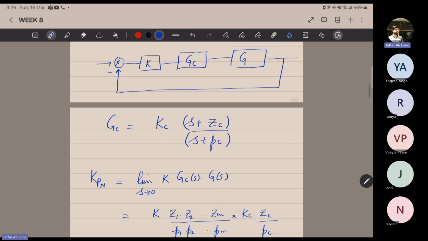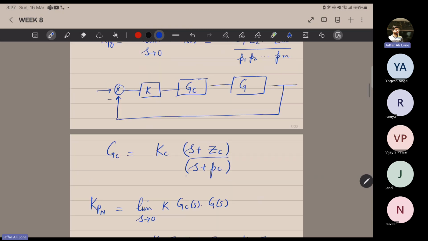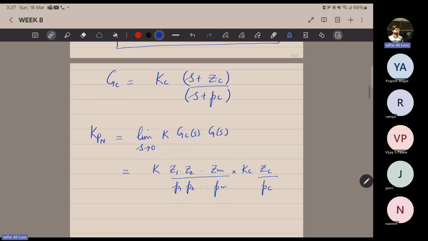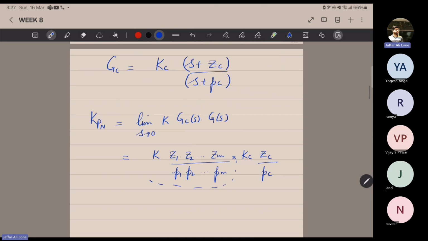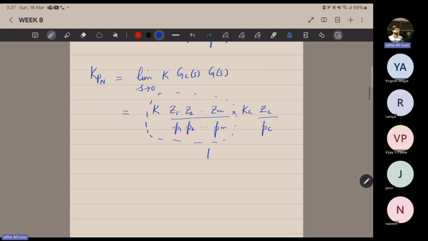I just did nothing. I just put s equal to 0. So this is as it is. This is Kp old, which was earlier there, and this term is new.